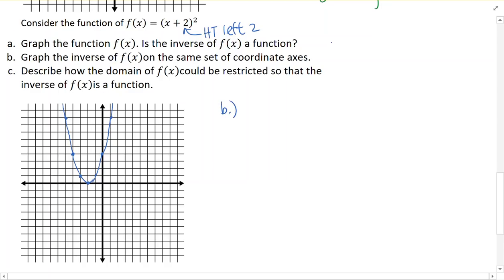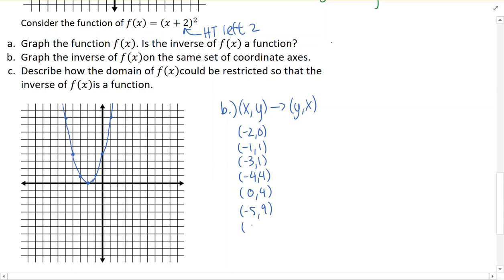So when I graph it, let's point out those key points. Again, I'm just going to show the mapping here. The key points I have are -2, 0, -1, 1, -3, 1, -4, 4, 0, 4, and -5, 9, 1, 9.